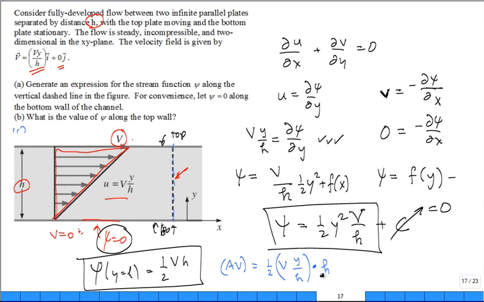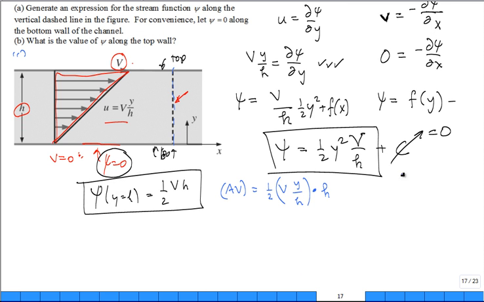Now what you can do, I'm going to need a little more room here, is you can say I can integrate u with respect to y from y equal to 0 to h, and won't that give me the volumetric flow rate per unit depth? Okay. What was u in this case?